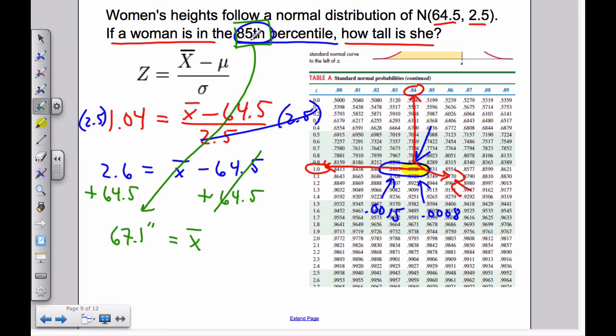Upper 15th is the same thing as the 85th percentile. Then I need to find where I'm closest to 0.85, work backwards to get my z-score. That number goes into this spot right there. And then you just do your math and solve algebraically, and you get 67.1, your actual answer. So a female would be in the 67.1 inches tall range.